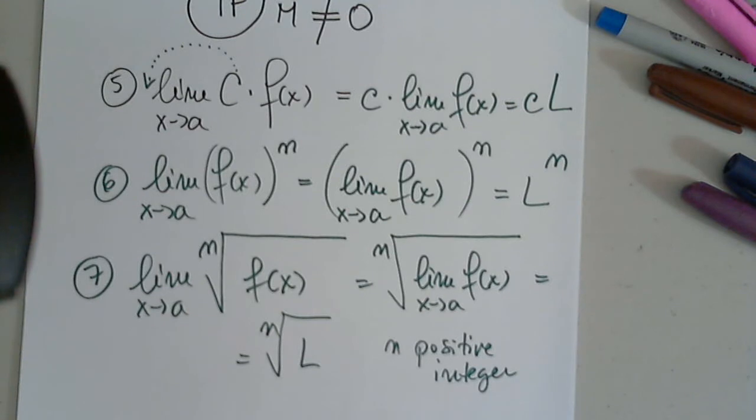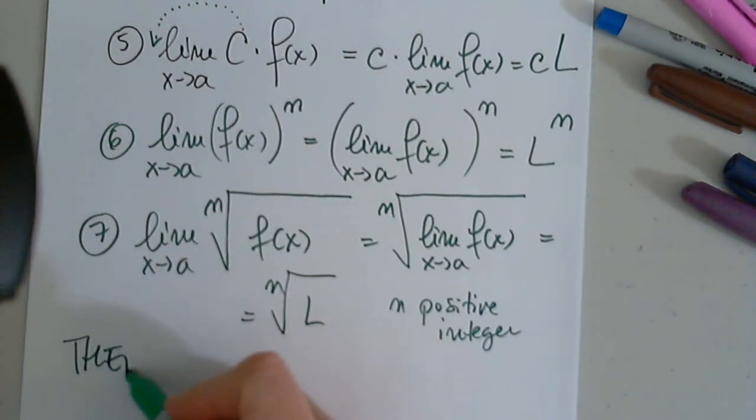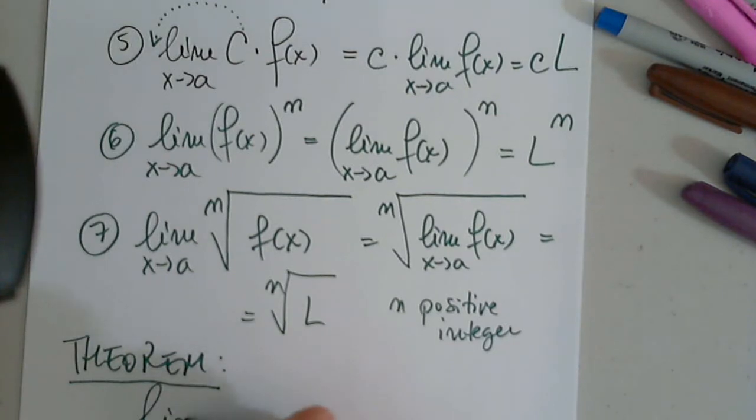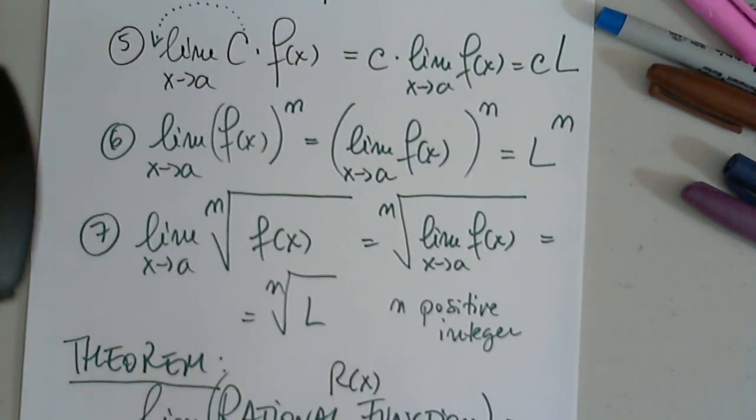And now let's see how we apply all these. We already did one example with polynomials. And I would like to write one more theorem here. The limit of a rational function, I'm going to call it r of x, is r of a. And you can say, is it the same with the polynomial?